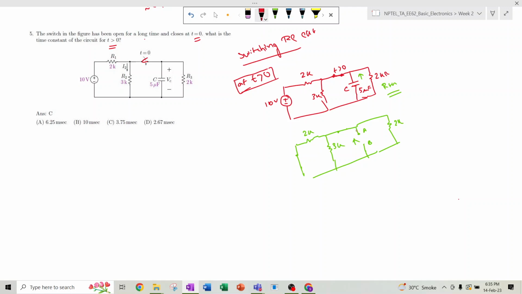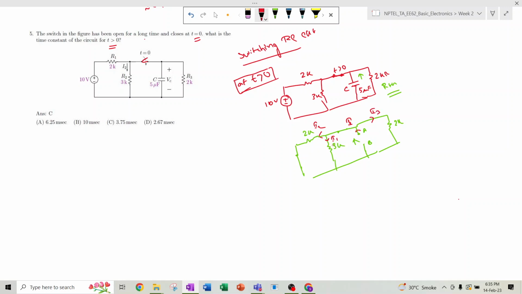So now the current that will flow from this side will divide. If current I is flowing from this side, some current flows through this side, which is I1, some current flows through this side, which is I2, and some current flows through this side, which is I3.